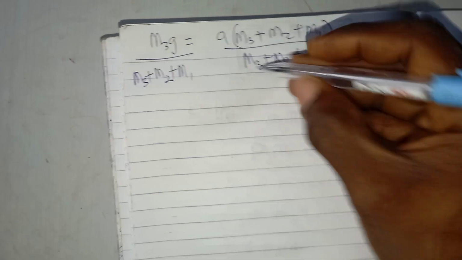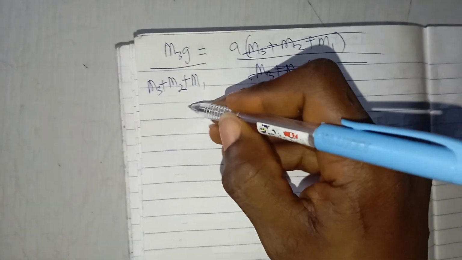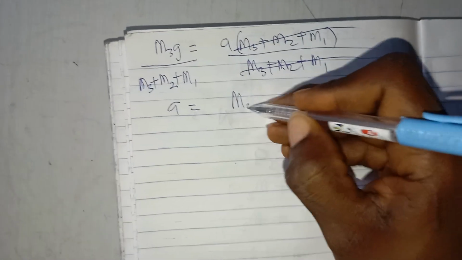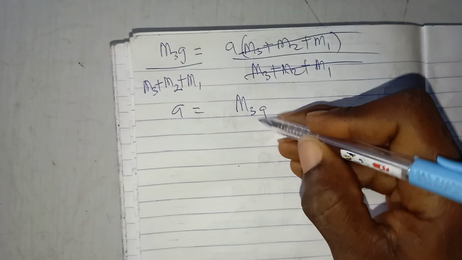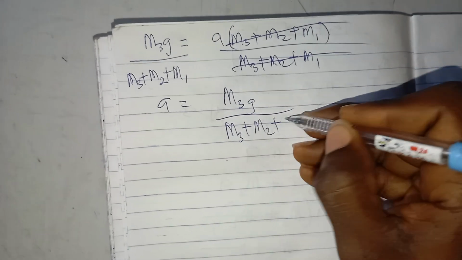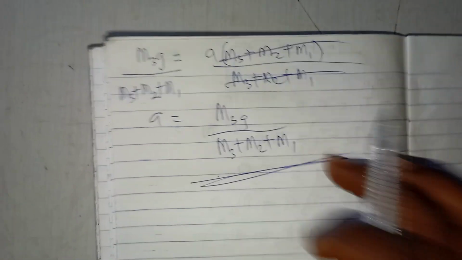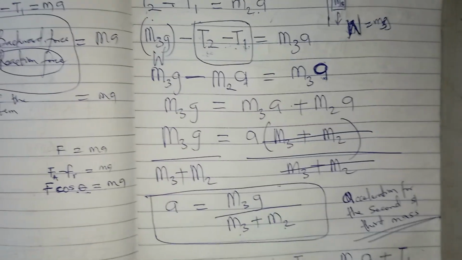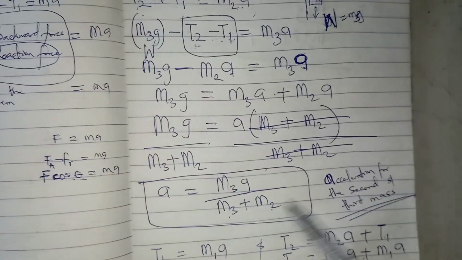So this is simply going to be A is equal to M3G all over M3 plus M2 plus M1. Very simple. So see, the misconception there is, why I did it these two ways, simply to show you something.